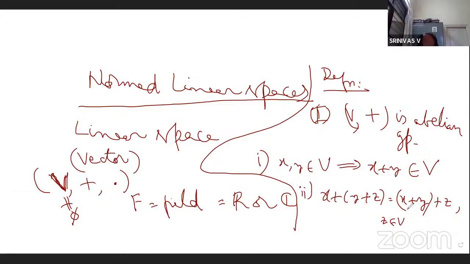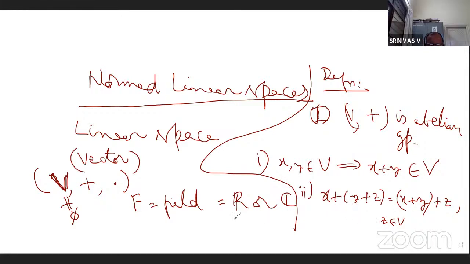On the other side, you are adding y to x first, and then you are adding that sum to z. So the order in which you are adding differs, but the ultimate sums must be equal. This should happen for every triple x, y, z coming from V. If this is the case, we say V satisfies associativity of addition.